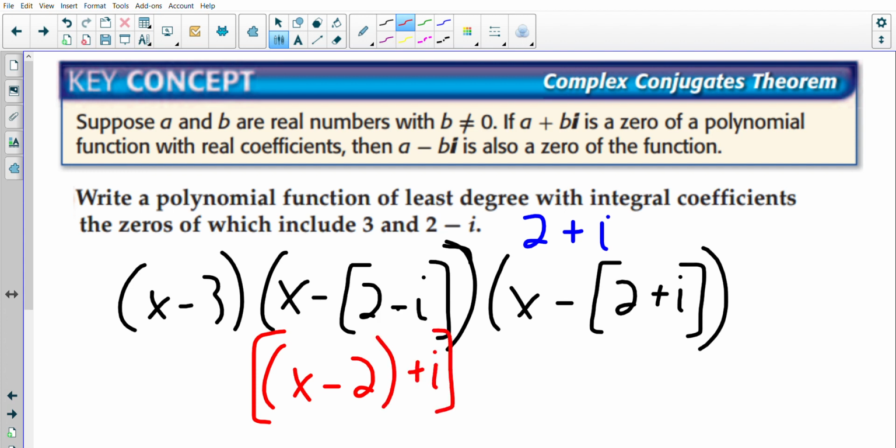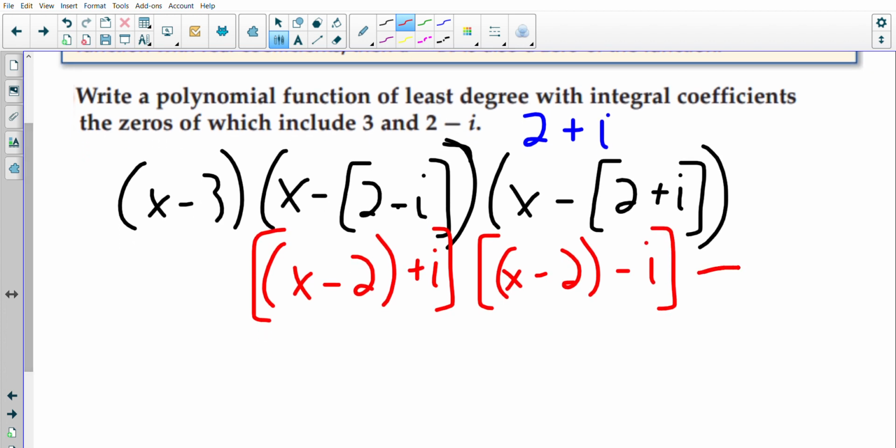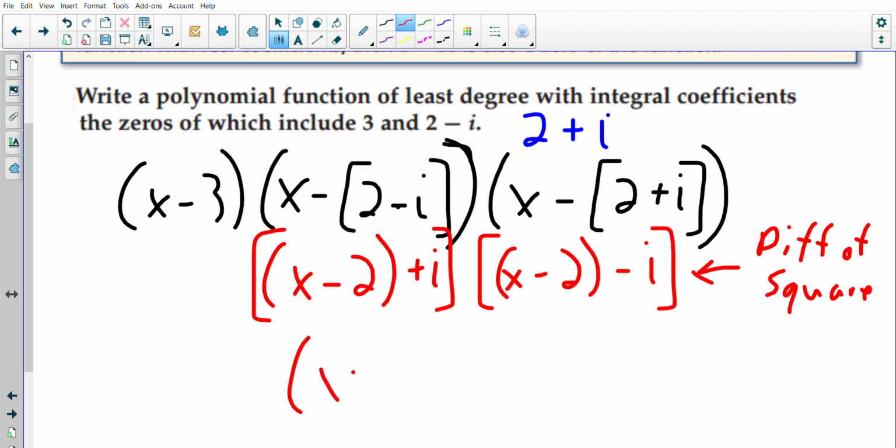And then this one would become x minus 2 minus I. And if we look really closely, this is actually a difference of squares. It's a plus minus multiplication. So we can simplify this really easy. It actually just becomes x minus 2 quantity squared minus I squared.